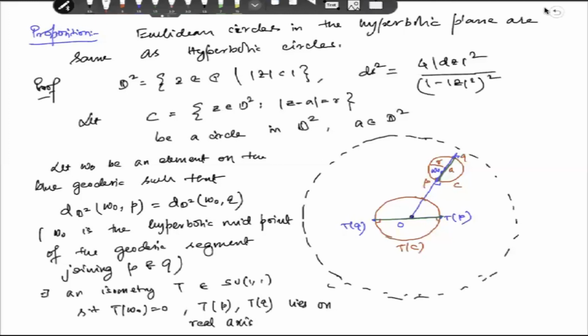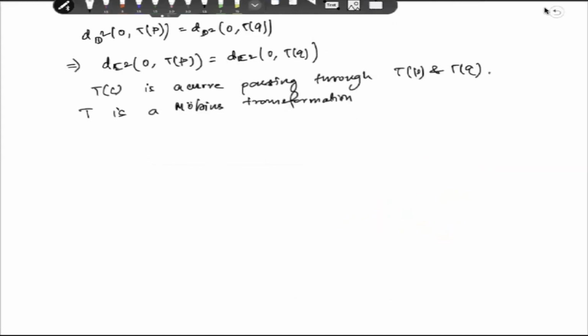And T is again a Mobius transformation, so T of C has to be a circle. So that thing we have proved.